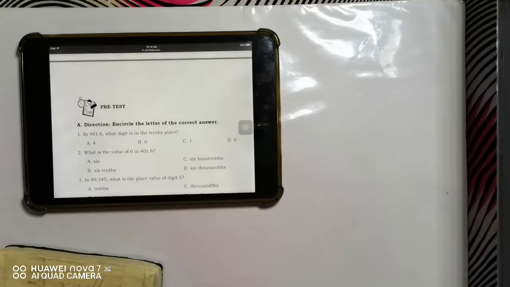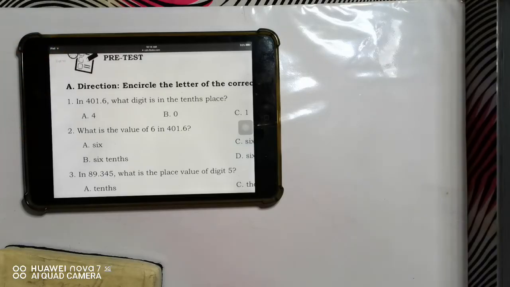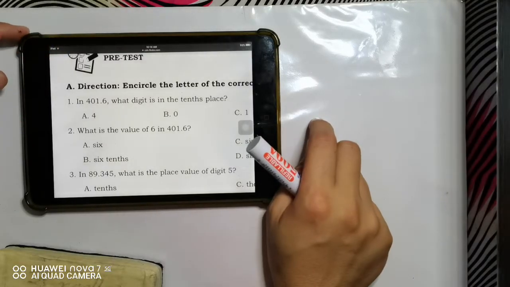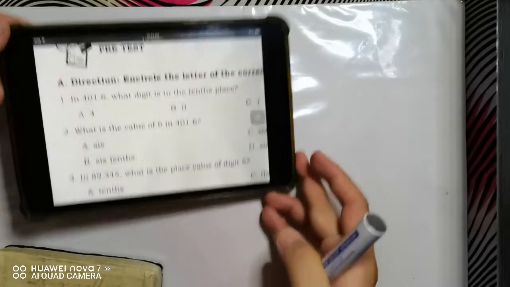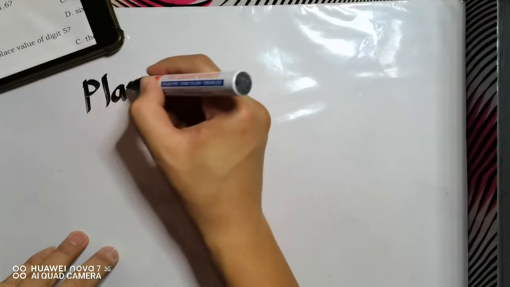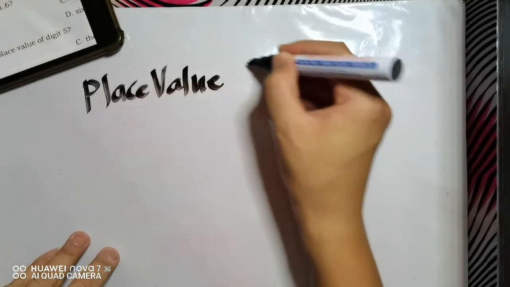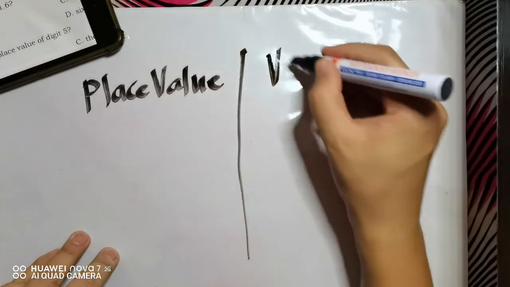Okay? Now, ito naman, sa pangalawa, we are asked about the value. Let us try to differentiate the place value and the value. Nagkaroon kasi agad ng ganong question. So, let's try the place value, and on the other side, the value.